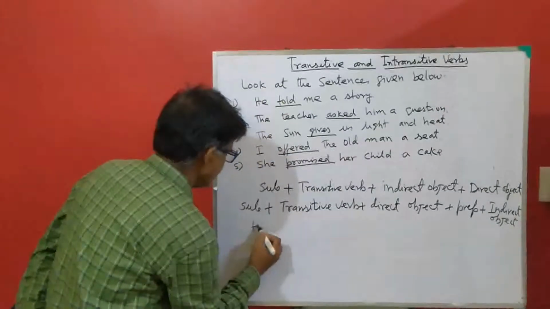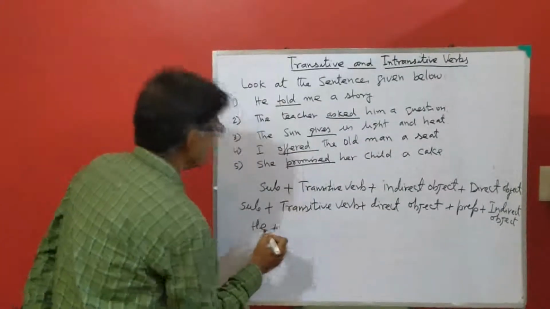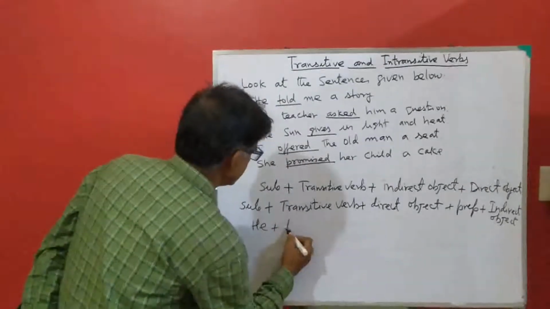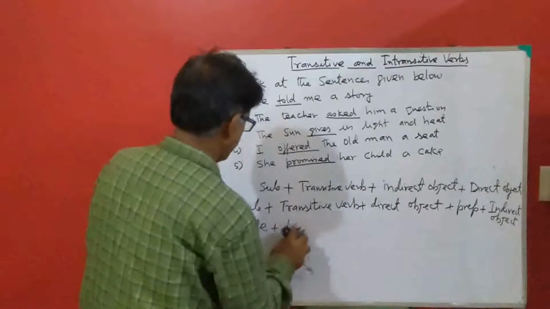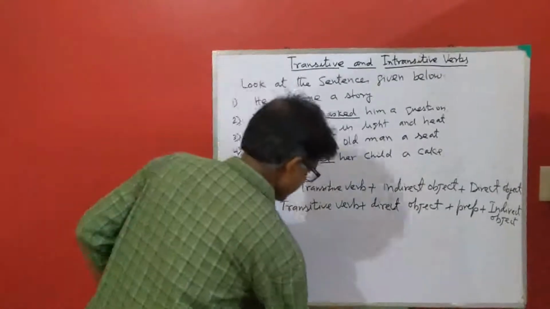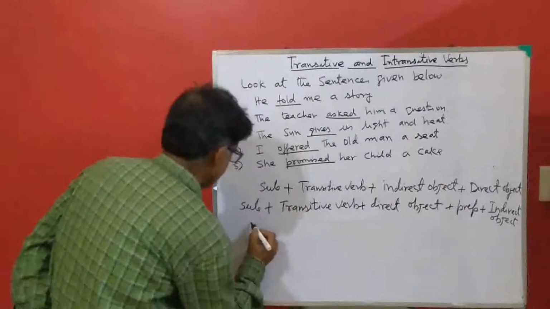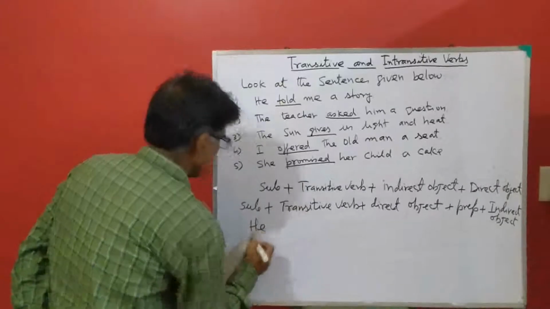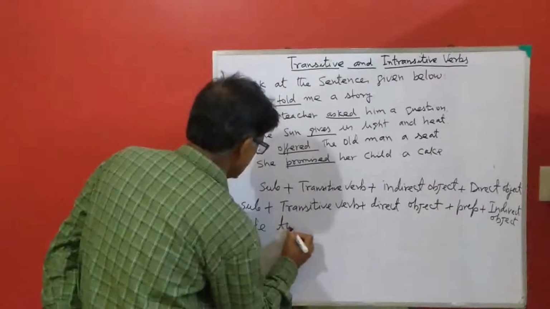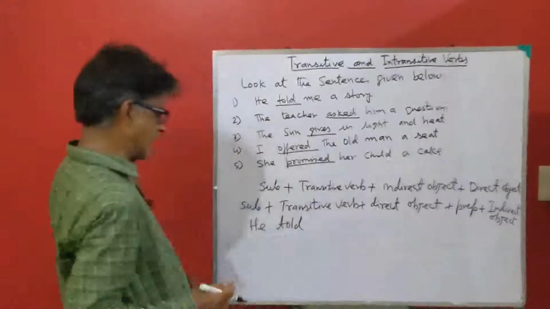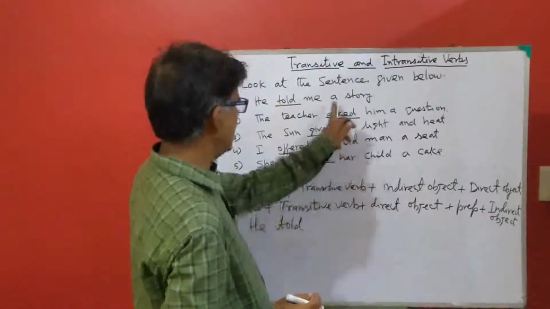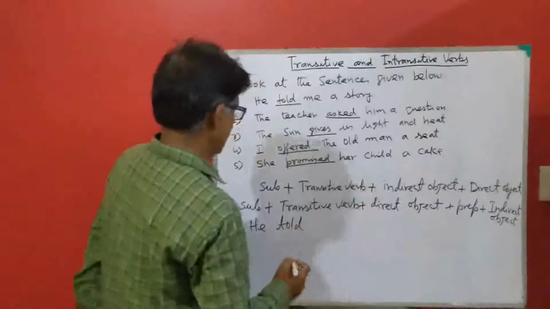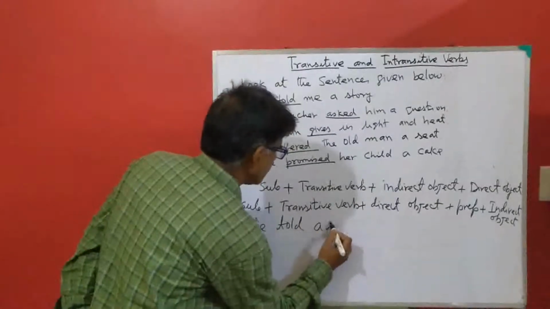He, subject, he plus transitive verb. He told, transitive verb. Now direct object, a story.